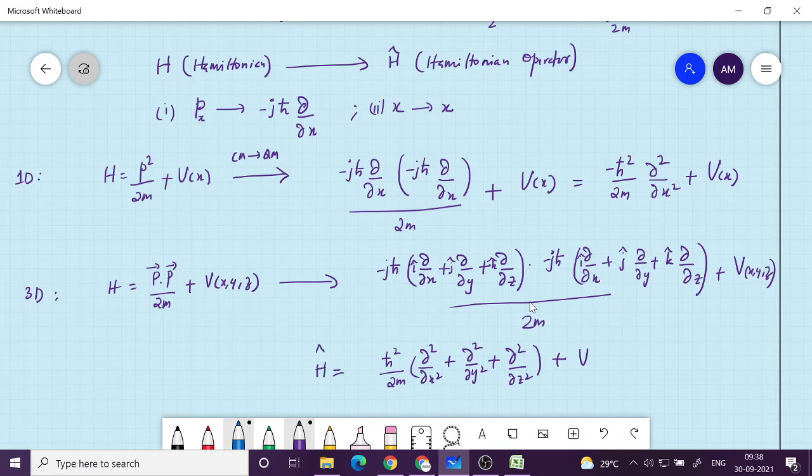Okay, so the Hamiltonian, which is just p square by 2m plus V, will become an operator which is basically obtained as just replacing px as this. So similarly, if you want to replace py, it will be going to minus j h bar ∂/∂y, etc. Okay, so this way if you replace, you will get it in this form.